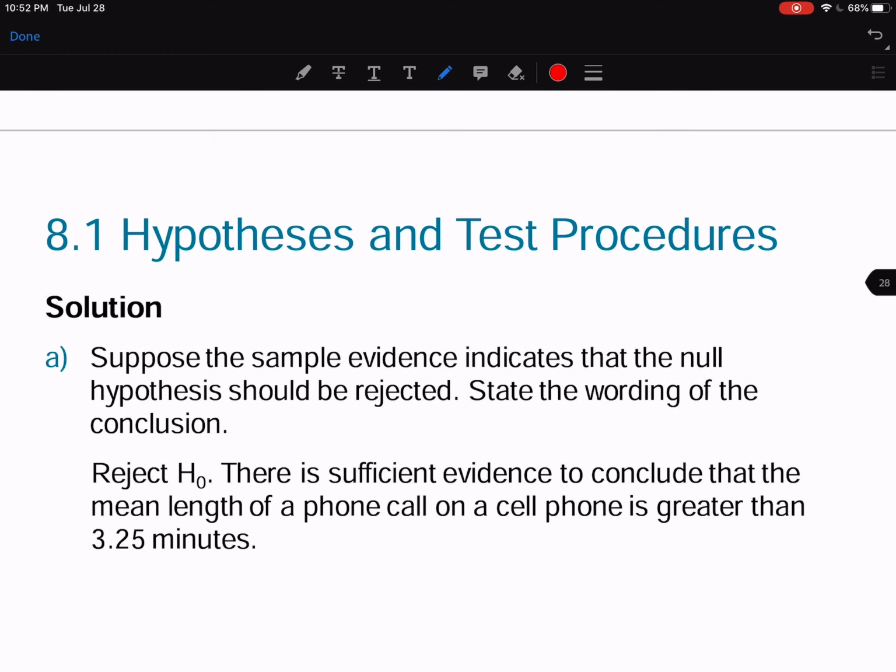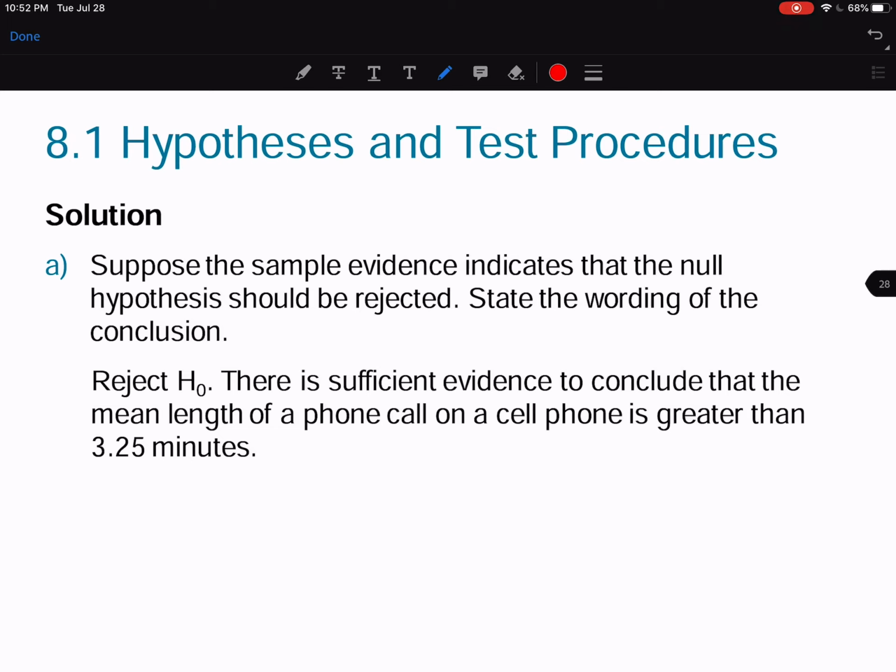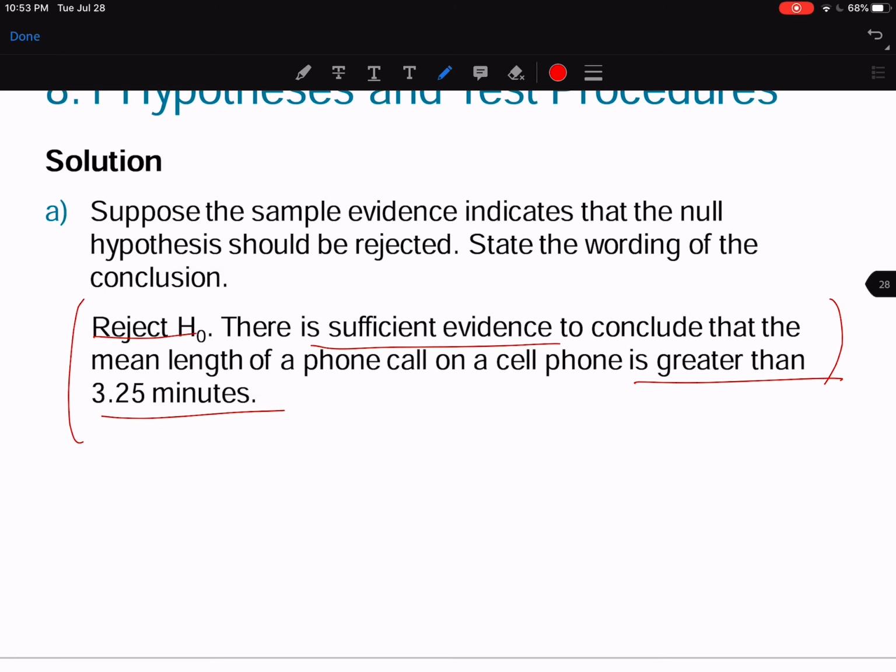So in this case, the conclusion looks like: reject the null hypothesis. There is sufficient evidence to conclude that the mean length of a phone call on a cell phone is greater than 3.25, which means there is sufficient evidence to support the alternate hypothesis. Okay, that's what your conclusion should look like if you reject the null hypothesis.